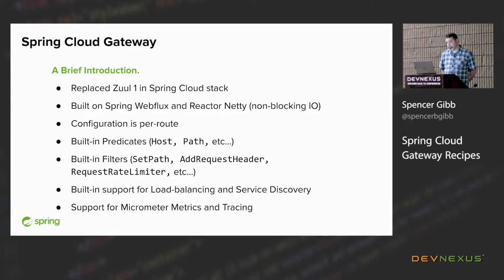And then you can manipulate the request and make it so that you present a unified API to your clients, but then on the back end, if it needs to go to one place or the other, or things need to change a little bit, you can certainly do that. There's built-in support for other Spring Cloud abstractions like service discovery, client-side load balancing, things like that. There's support for metrics through Micrometer and distributed tracing.